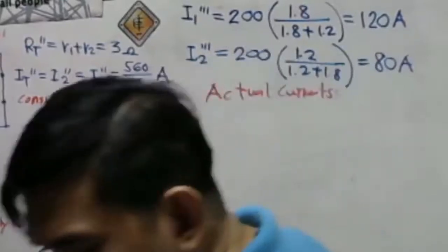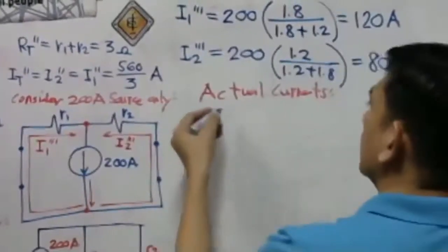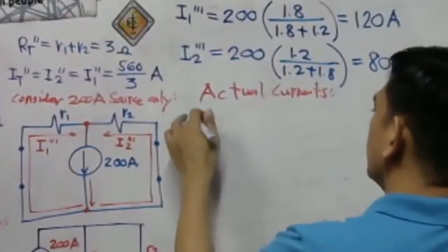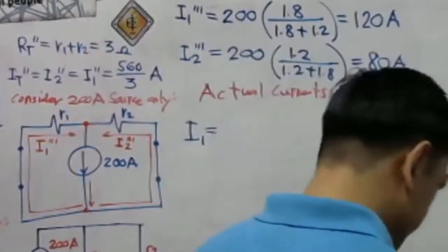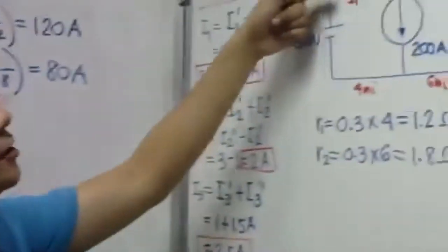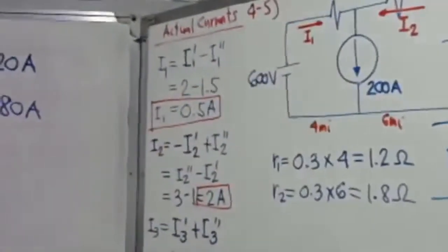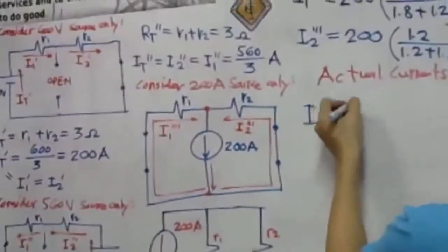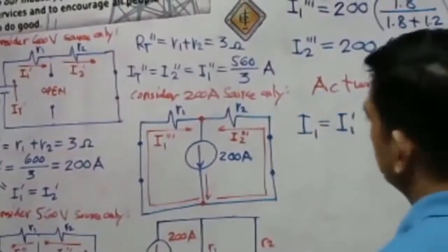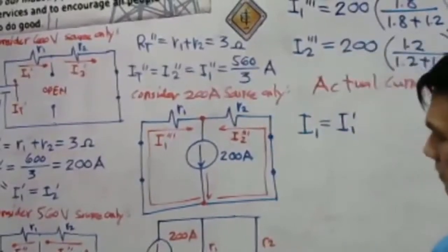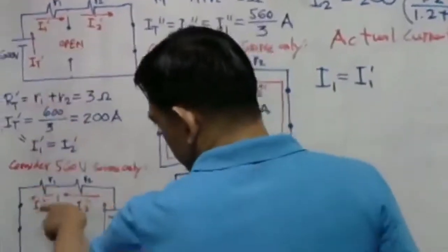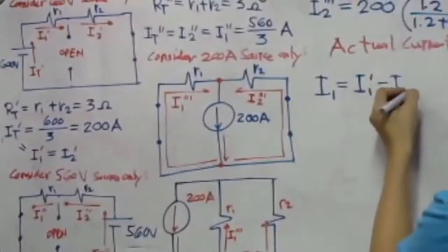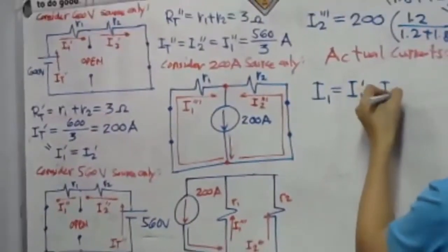Let us solve now for the actual currents. Let us have our I1. Our I1 from the original circuit is going to the right. I1 prime is also going to the right, so that is positive I1 prime. What about the double prime? The double prime is to the left, so that is minus I1 double prime.